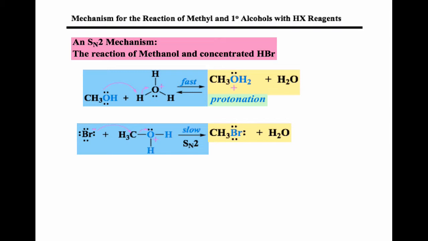What about methyl bromide? It has a substantially lower boiling point. Methyl bromide at room temperature is a gas, even though it weighs more than methanol. Why is it a gas and methanol is a liquid? Hydrogen bonding. That's right. We have hydrogen bonding here and no hydrogen bonding here, so this is a liquid at room temperature and this is a gas.